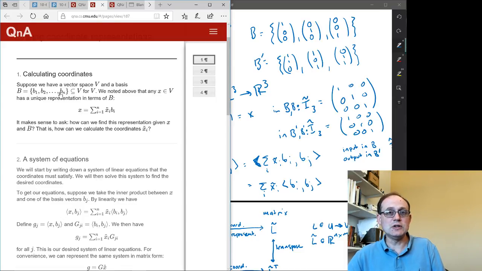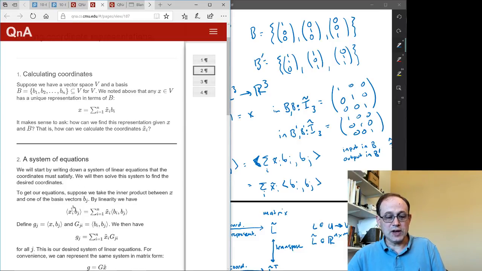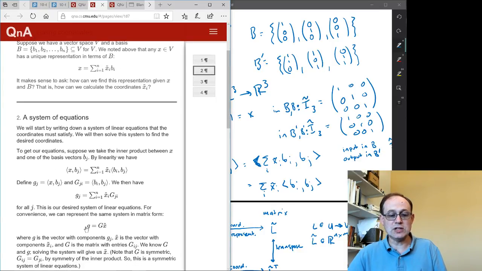Given all of those things, we want to compute the coordinate representation. We've defined little g and big G in terms of inner products between vectors, so by assumption, we're able to calculate little g and big G. Then given that, we can solve a system of linear equations to get x tilde.